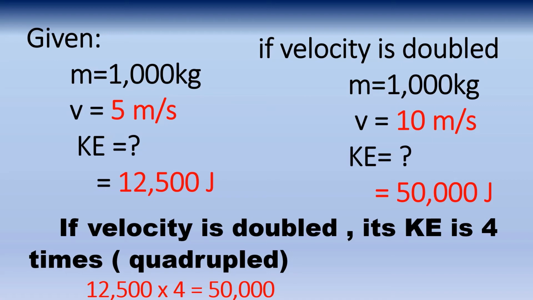When we multiply 12,500 times 4, that is equivalent to 50,000 J. So if the velocity is doubled, we can say that the kinetic energy is 4 times or quadruple.